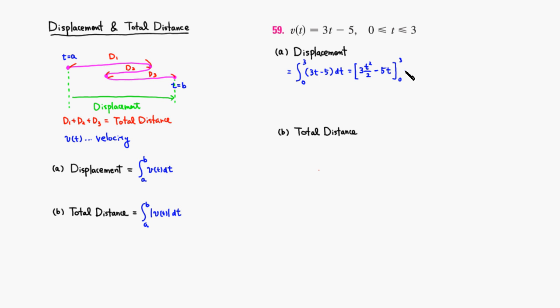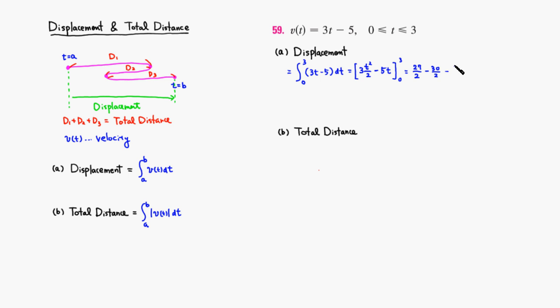So if you plug in 3, 3 squared is 9, 9 times 3 is 27, over 2, minus 3 times 5, which is 15. 15 is actually the same thing as 30 over 2, just taking a common denominator.